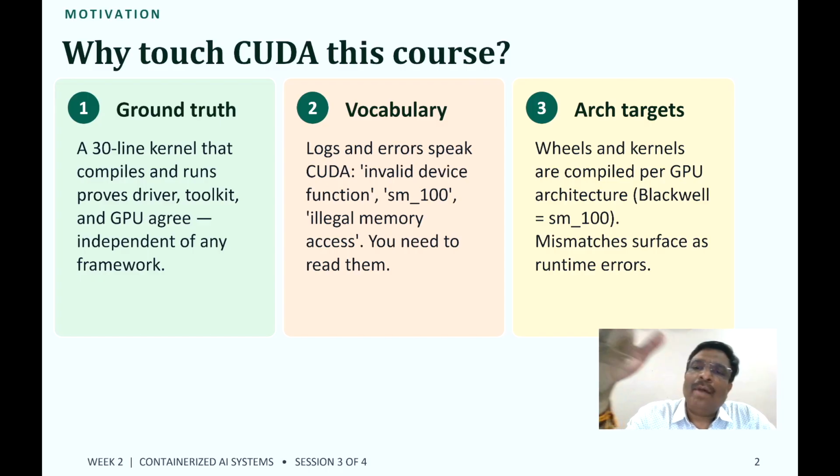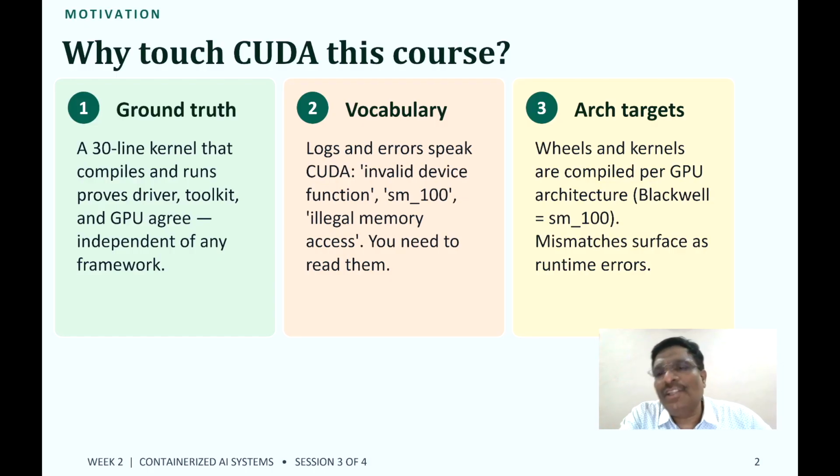Wheels and kernels are compiled on a specific GPU architecture. We're talking of architectural targets. I'm not going into the details again, but Blackwell equals SM_100 basically means we are at the Blackwell series of GPUs, which are the latest ones. So your architecture keeps on changing. I have told you a simple architecture, Blackwell.